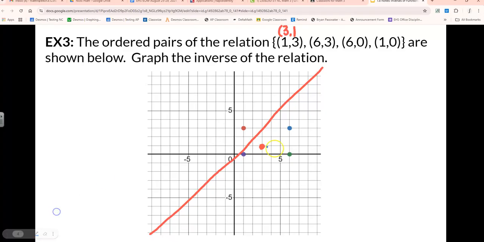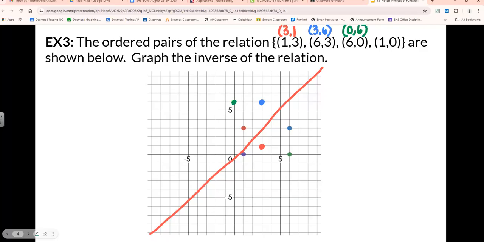That's the blue point right there. 6, 3 is going to be 3, 6. So 3, 6 would be right here. The next point is 6, 0. That is the green point. 6, 0 becomes 0, 6. 0, 6 is right here.